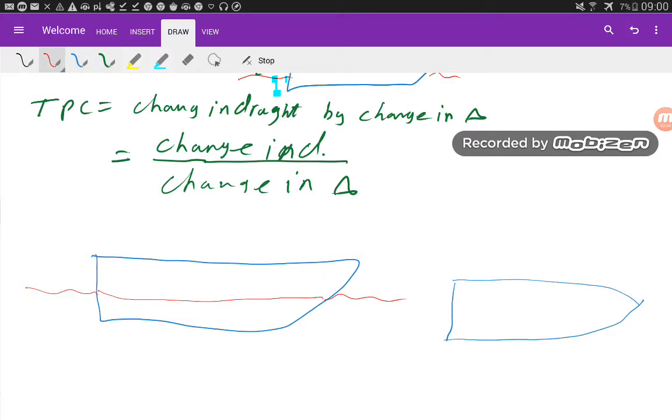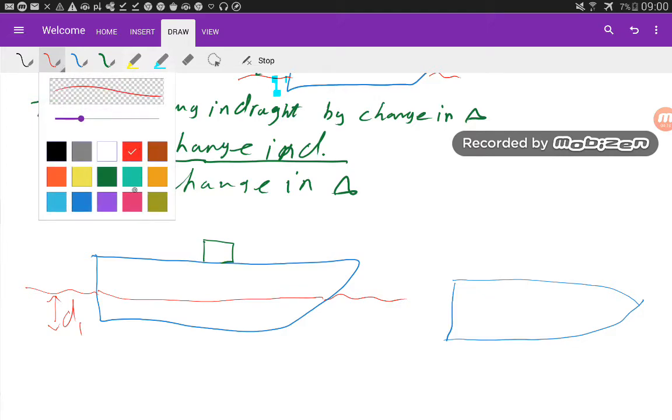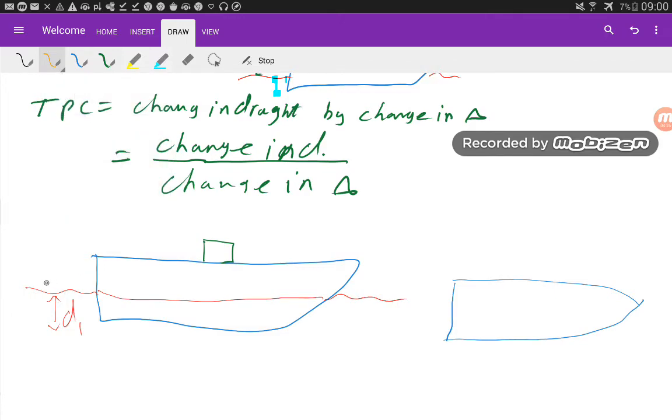So we talk about if we add some cargo, our vessel will sink and the new water line will be here. So this is draft 1, and by adding some cargo, the new water line will be here.